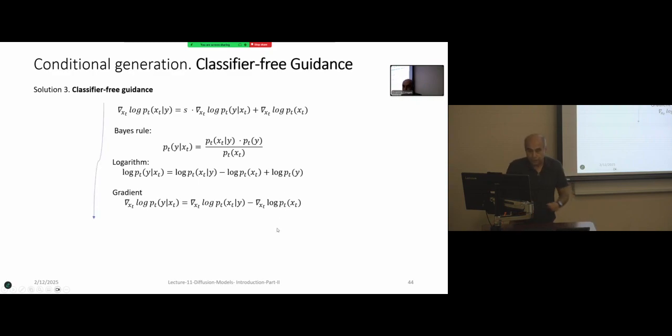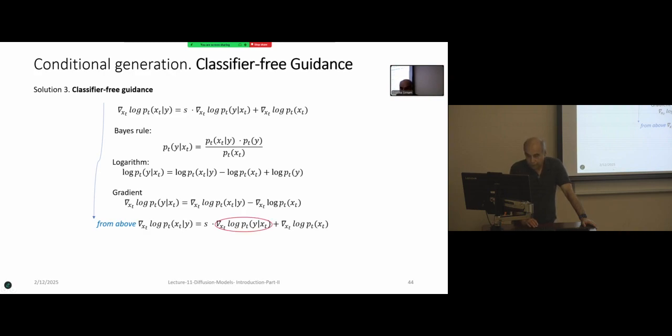Now we are going to use this fact from here, because this is what we want to do, the classifier-free guidance, a conditional generation. So we bring in this thing here. So this is a gradient of xt given y, which we have here expressed.